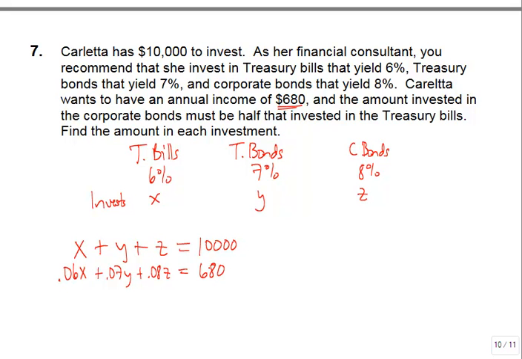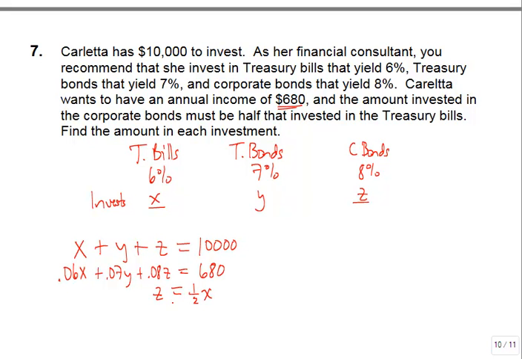We need one more equation if we want to be able to get a solution here. And it tells us that the amount invested in the corporate bonds, which is what we're calling Z, must be half that invested in the treasury bills, which is what we're calling X. So Z must equal half of X. Notice I'm not using my percents at all.